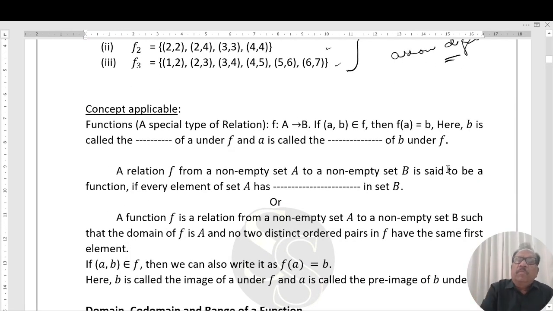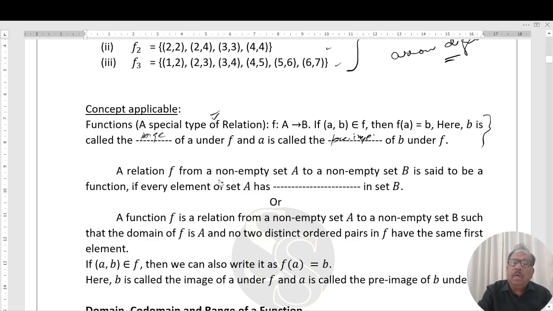Function is a special type of relation. It is also a special type of relation from A to B. Here B is called the image of A under F, and A is called the pre-image of B under F, right? Now, what is the definition of a relation from a non-empty set A to non-empty set B?